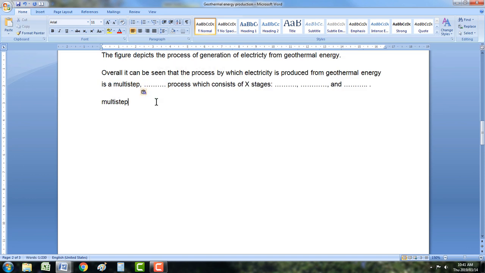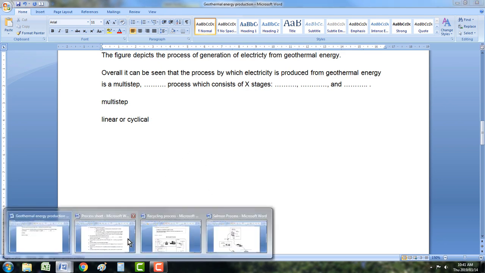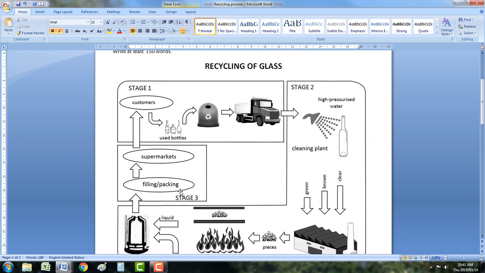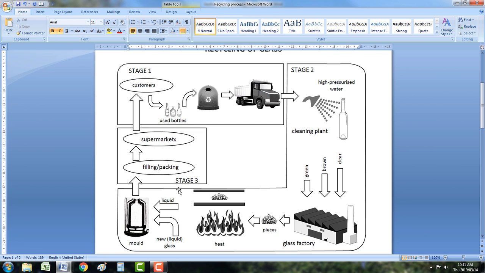And then this, you're just going to say whether it's linear or cyclical. Does it end up in a different place to where it started, or does it go round and round in a cycle? Here's 2 examples of cyclical, this recycling of glass. Cyclical comes from the word cycle, like bicycle, which is something like a wheel that goes around and around.